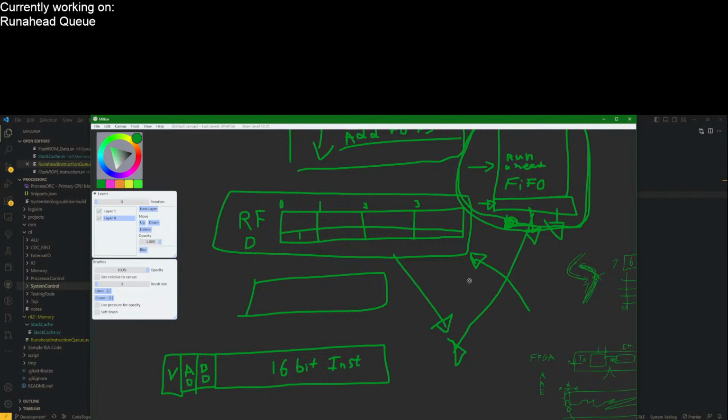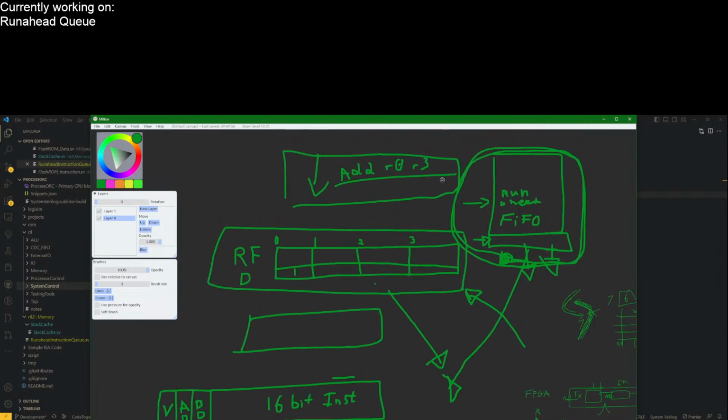What this does is that whenever anything gets written back to the register file, you're just going to compare that register to the register that's in here. So if this was the add R0 R3, this is just going to monitor every write and wait until you get a write on R0.